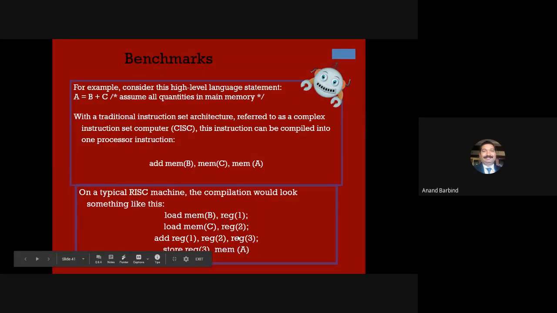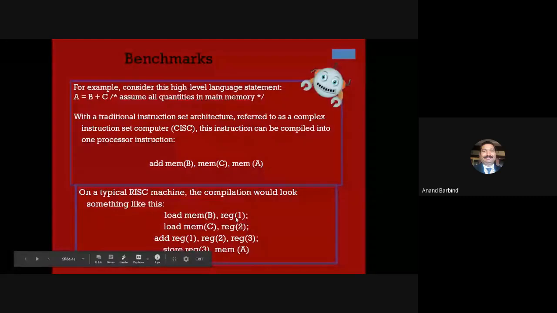If you claim that your computer, if it is RISC type, is executing more instructions per second, even so, what job is it doing? It is doing only A is equal to B plus C. Whereas the CISC processor executes only one instruction and does the same job.